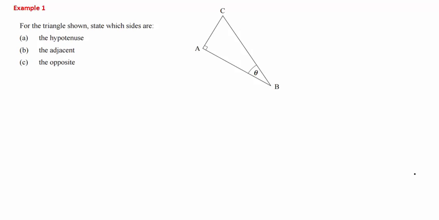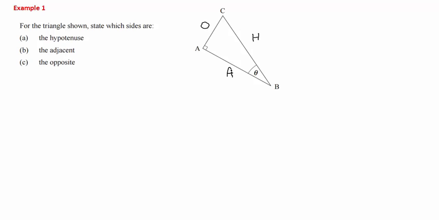Okay, in this example we have a right triangle called ABC, and we want to know which sides are the hypotenuse, the adjacent, and the opposite. So look at your angle. This must be the opposite side. This is your right angle, so this must be the hypotenuse, and the remaining side must be the adjacent side.